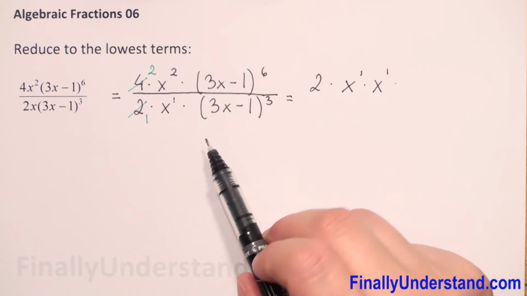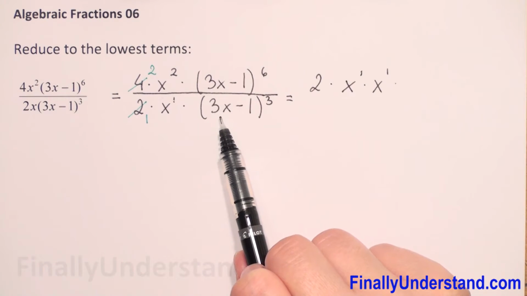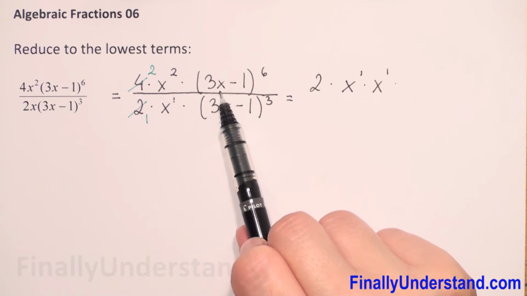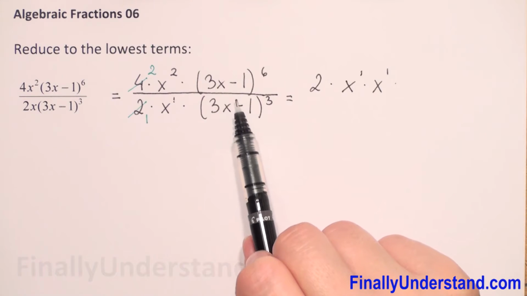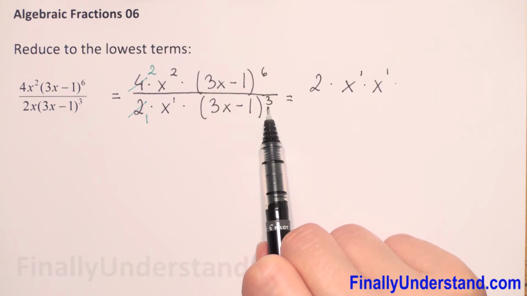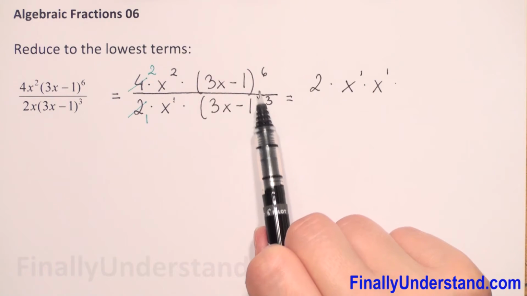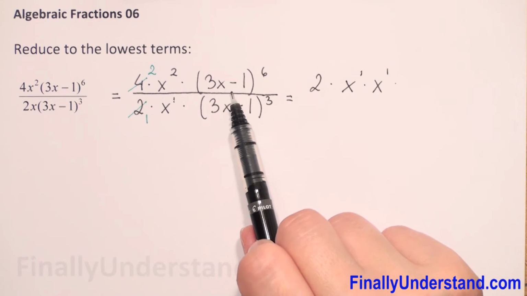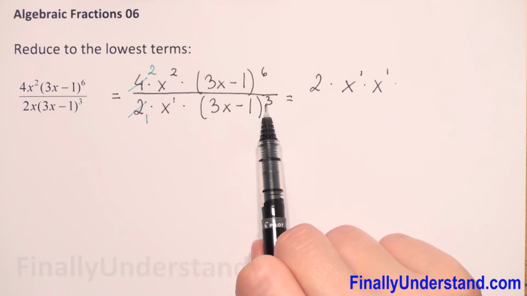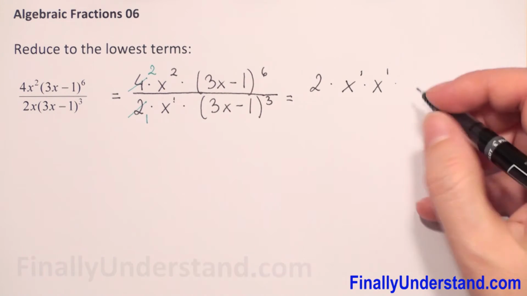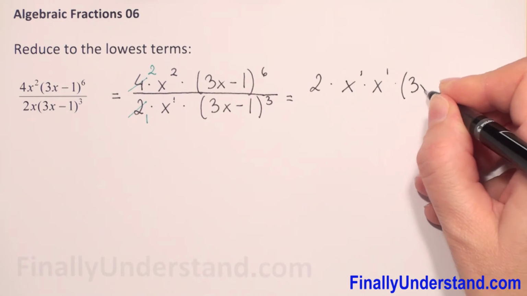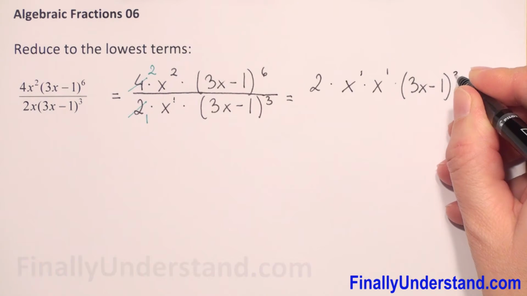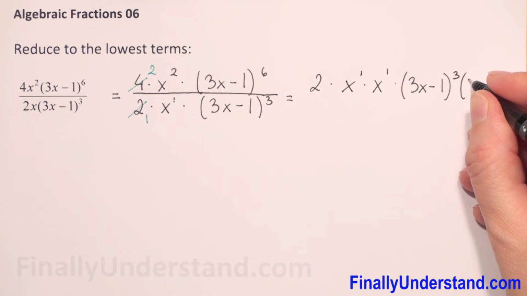Times, and now in parentheses we have 3x minus 1 in the denominator and 3x minus 1 in the numerator, and the smallest power is 3. So to reduce this power, I need to rewrite (3x minus 1) to the 6th power as (3x minus 1) to the 3rd power times the same base.